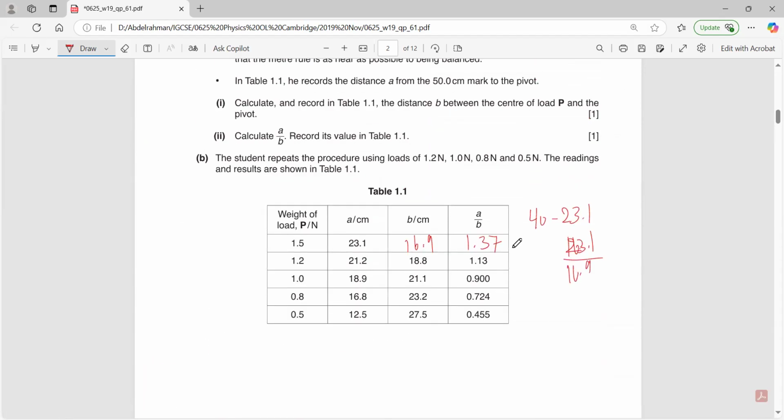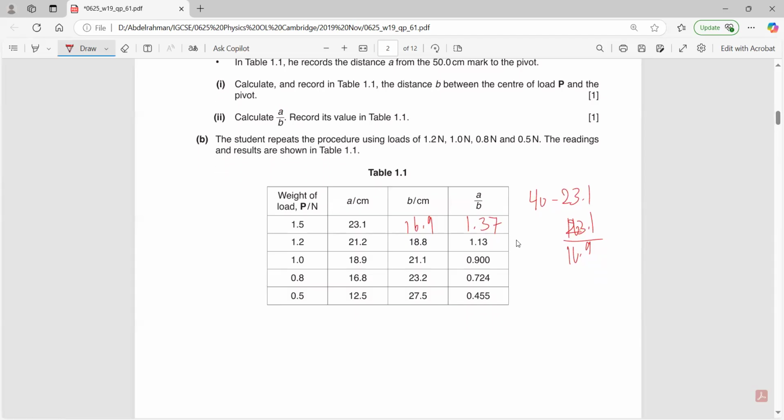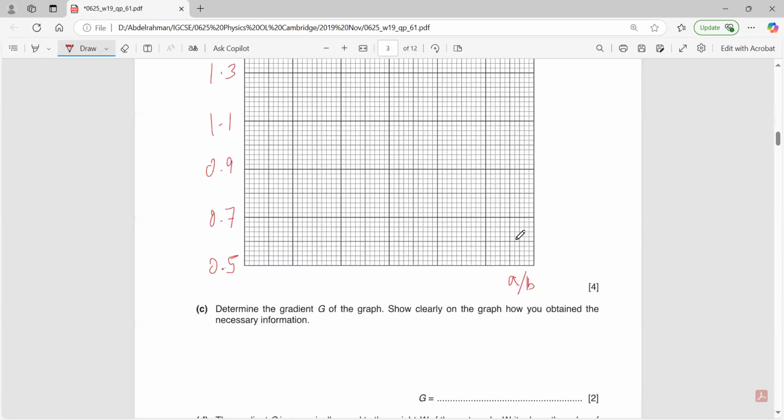Now, can I write down the numbers for A over B? Yes, I can. It starts off with 0.455 and ends at 1.37. So maybe I can start off at 0.400 and end up at 1.4. How can I do that? By increments of, again, 0.2.